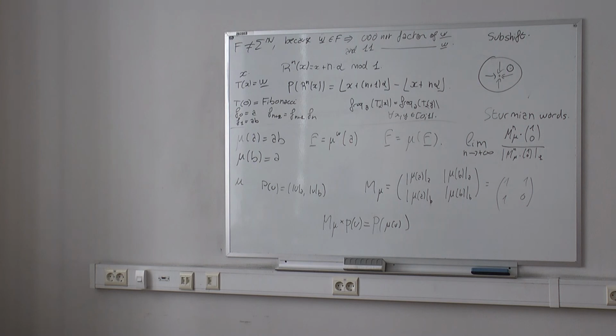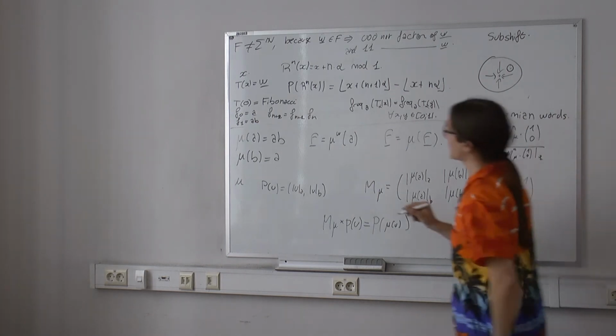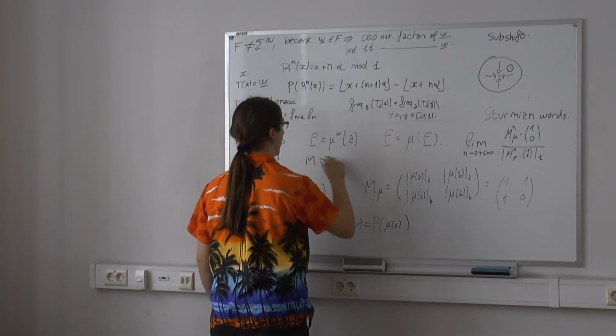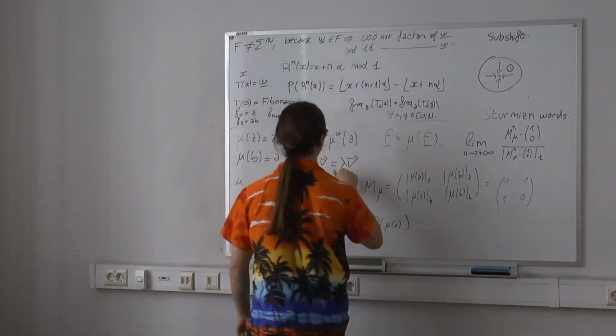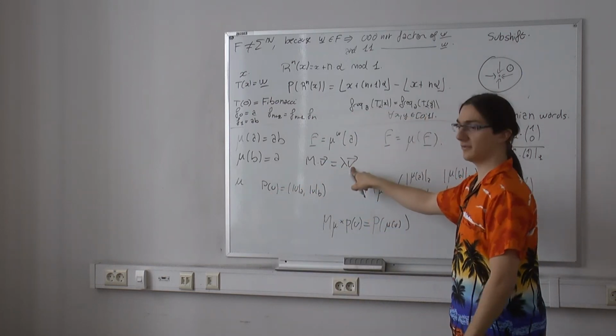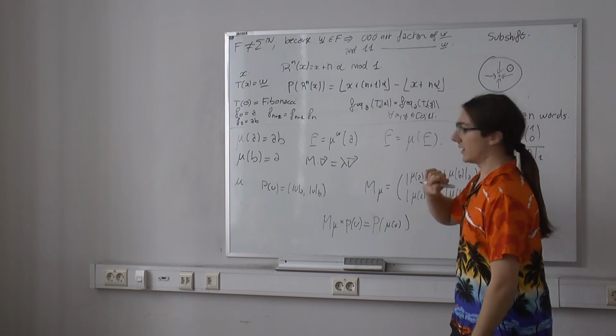An eigenvector? Anybody? An eigenvector. An eigenvector is a vector such that, when you have a matrix M, you have Mv equals lambda v for a scalar lambda. So we call lambda an eigenvalue and v an eigenvector in English.